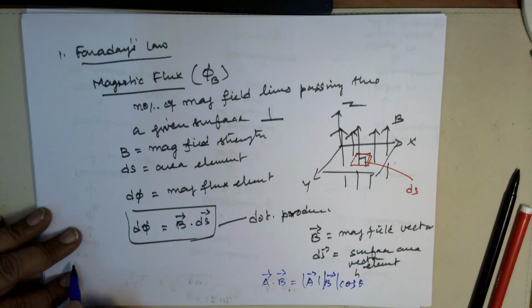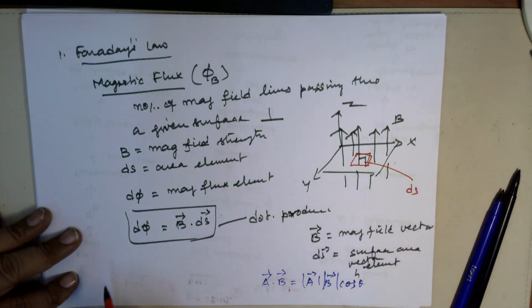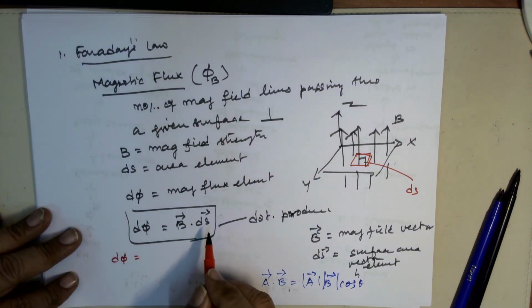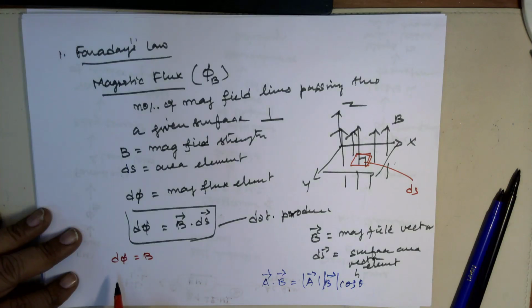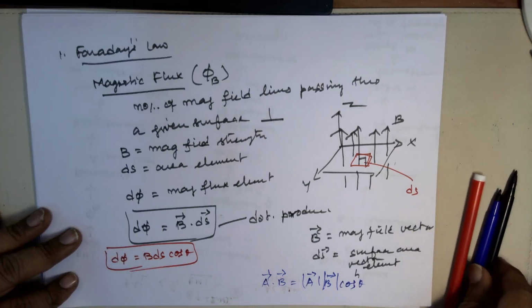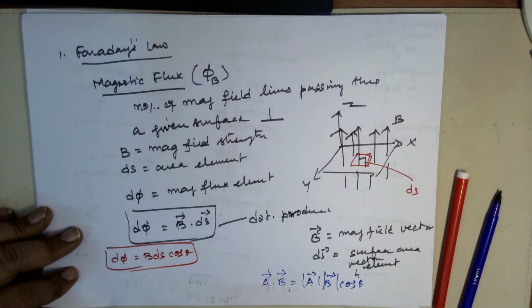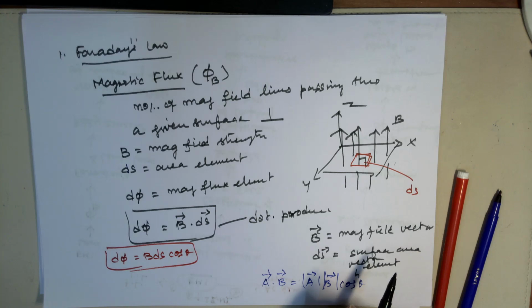Modulus means we consider only the magnitude. So in this case, d phi can be expanded as the magnitude of vector B, simply B, into dS and cos theta, where theta is the angle between the magnetic field and the surface area element.